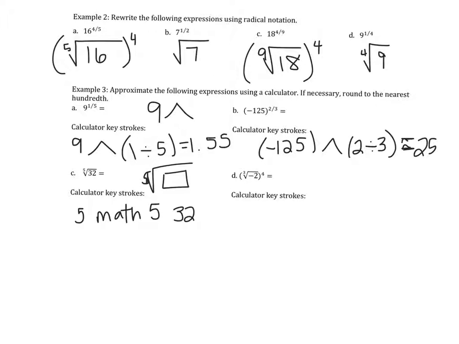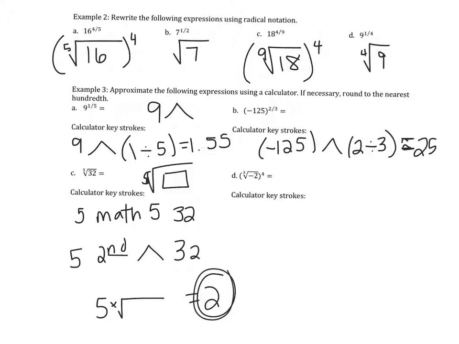If you're on one of the blue TI 30s, you have to do 5 and then second caret, and that's going to make something that looks like this. Then you're going to type in 32 and hit enter. And this one should equal 2 after all is said and done.